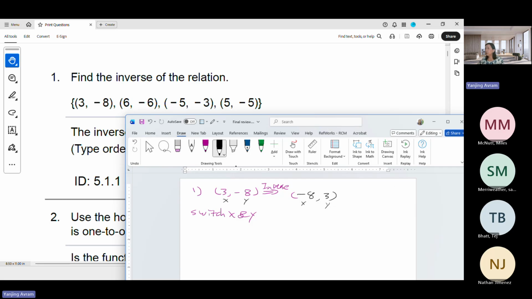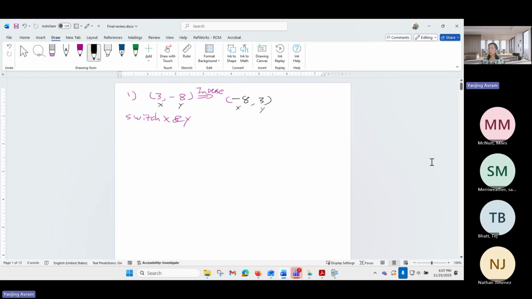And if I put this whole thing in the XY coordinates, let's see how it looks. I have X at 3, 1, 2, 3, and then negative 8, so that's 1, 2, 3, 4, 5, 6, 7, 8. So the point will be right here: 3, negative 8.